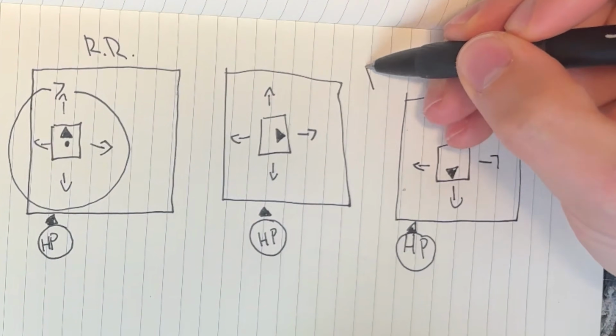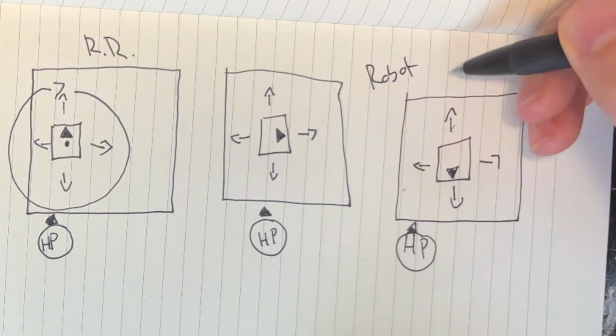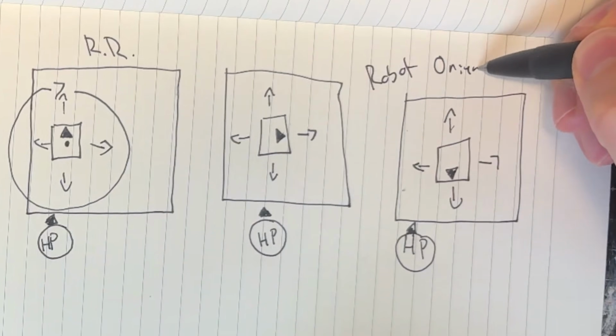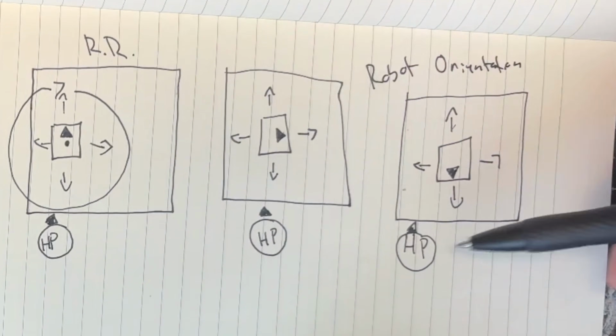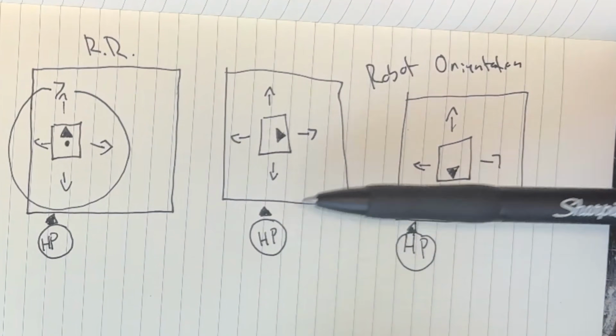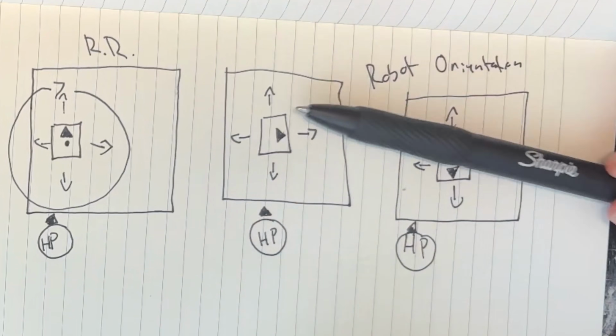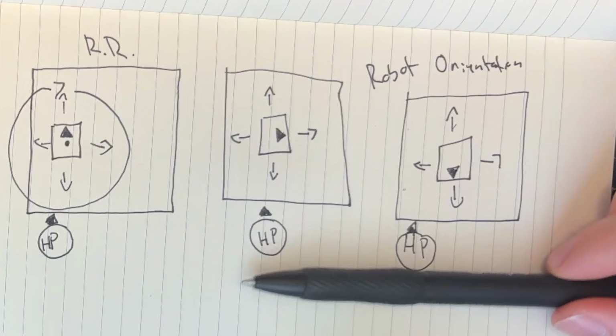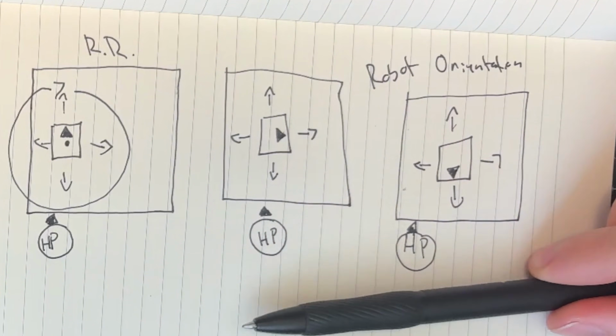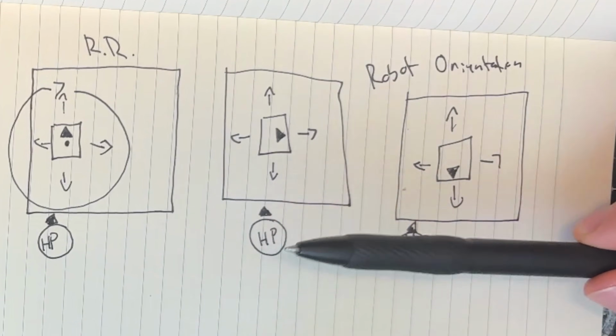So this is sort of a robot orientation. Now, some people prefer this kind of code, but this kind of code is a building block to get us up to a field-oriented system, which is what I'd suggest most teams go with instead.